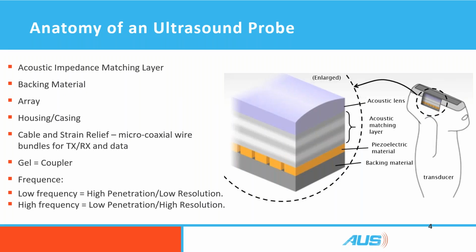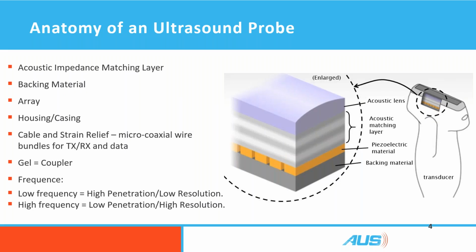Frequency is an important quality in ultrasound. If you see right below it says low frequency equals high penetration, but it also results in low resolution. So it's important for us to understand how frequency interacts with our image quality.